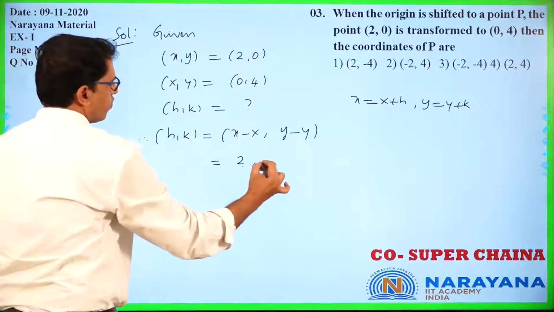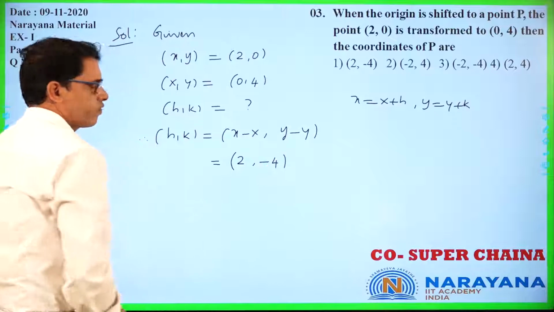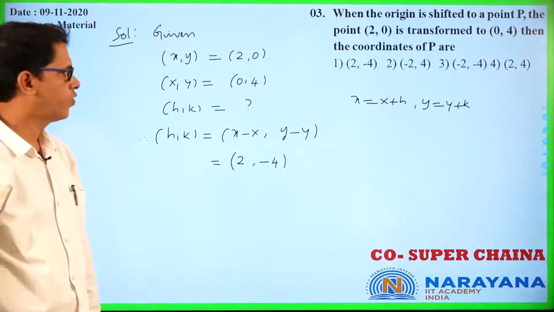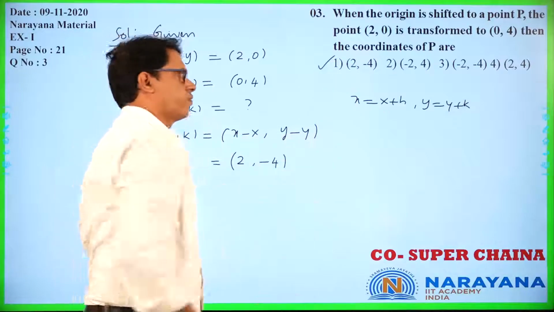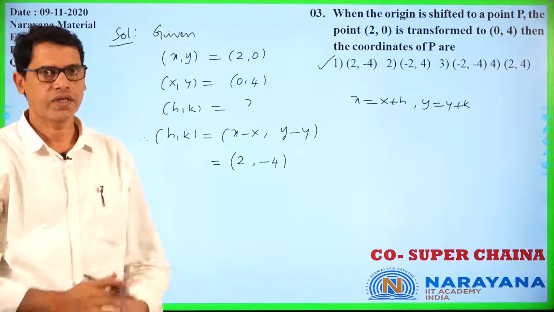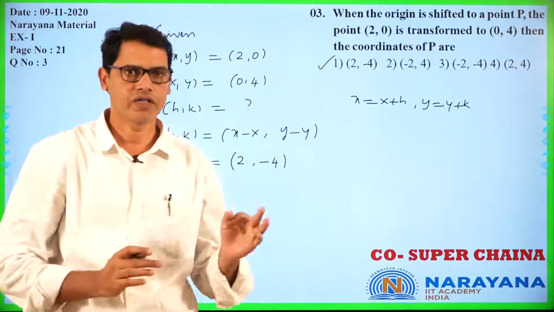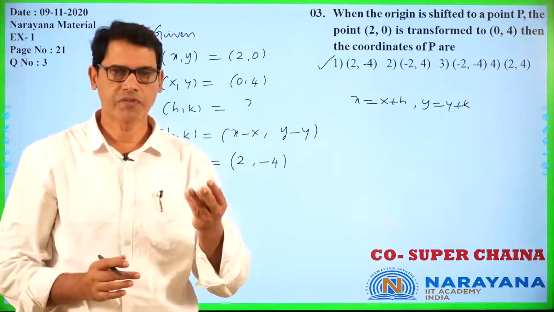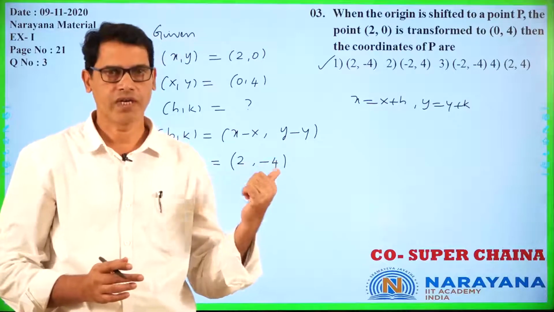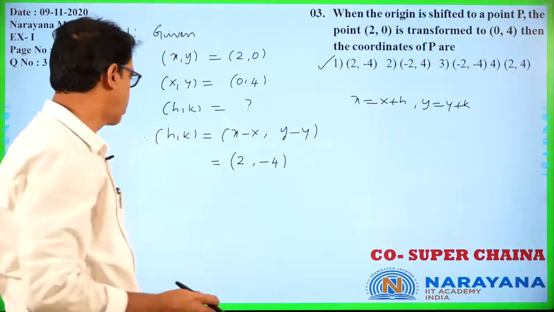Then 0 minus 4, minus 4. So the required point is 2 comma minus 4. First option. Means in question number 1, we found small x y. In question number 2, we found capital X Y. In question number 3, we found h comma k. Okay. Then the fourth one.